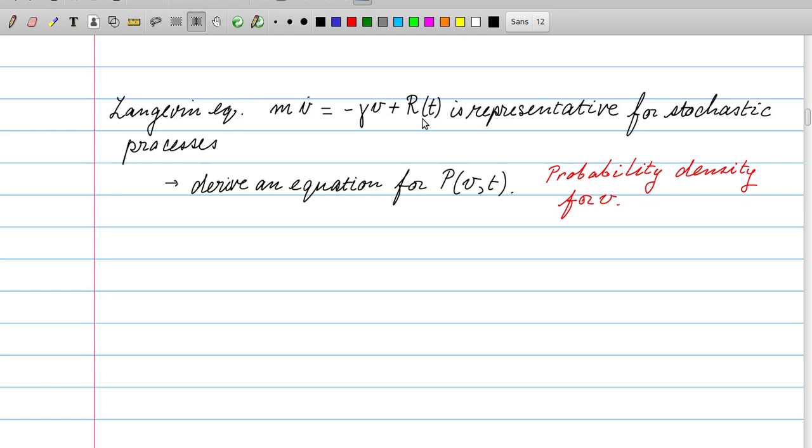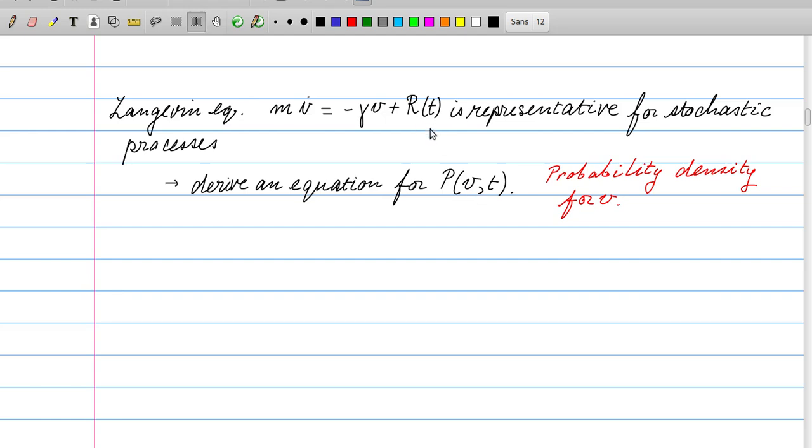And what we want to do now, it's a very common approach, is to derive an equation for the probability density for v. So for the variable which is varying in time, which is relaxing towards equilibrium under the influence of thermal motion.